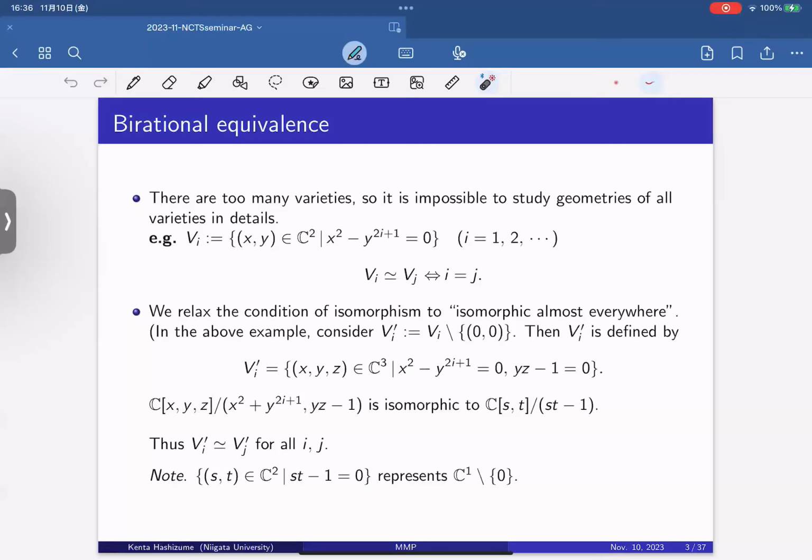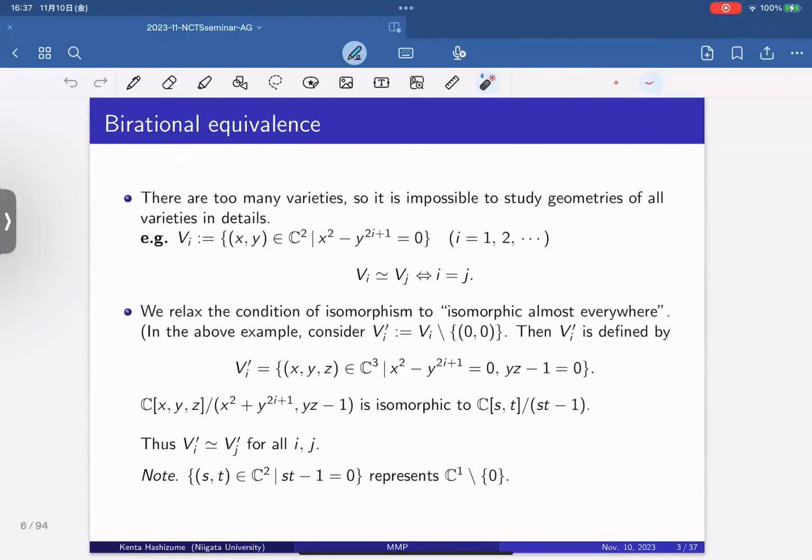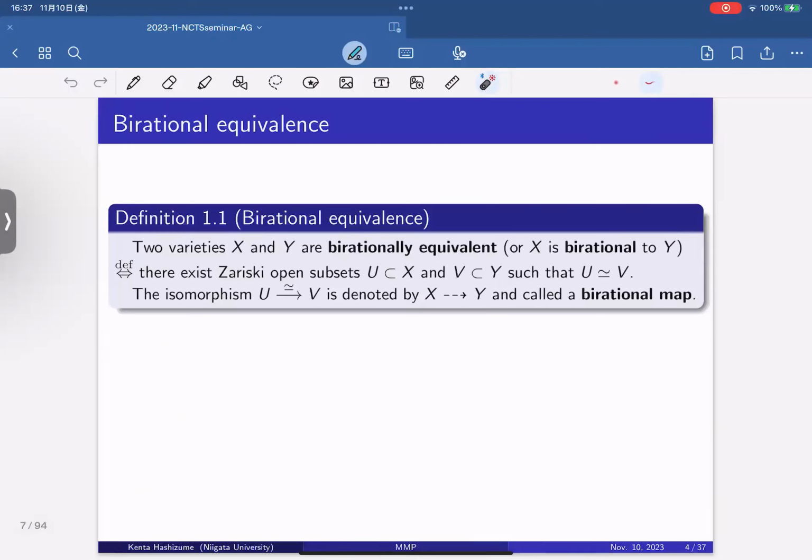Okay, and this shows that V_i is not isomorphic to V_j, but V_i is isomorphic to V_j almost everywhere. Okay, this is the notion of birational equivalence.